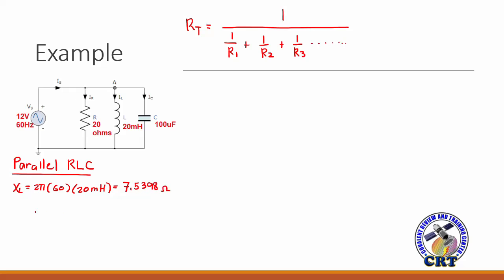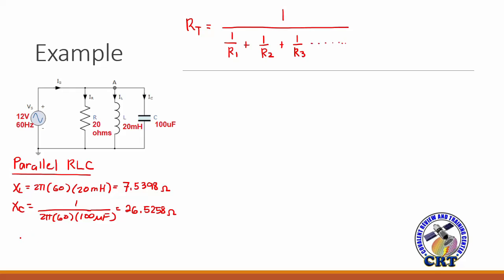For XC, this is 1 over 2 pi times 60 times the capacitance, 100 microfarad. Let us solve that, and that is equivalent to 26.5258.